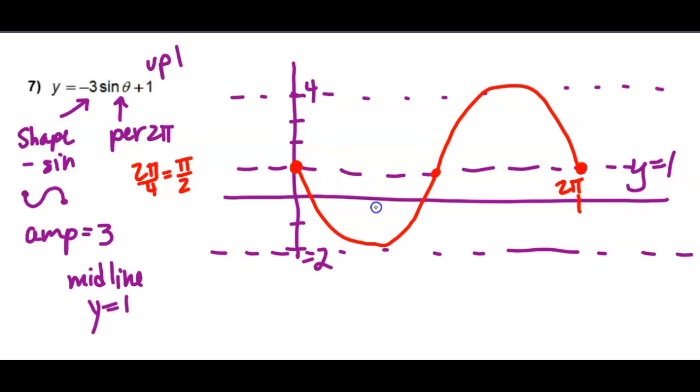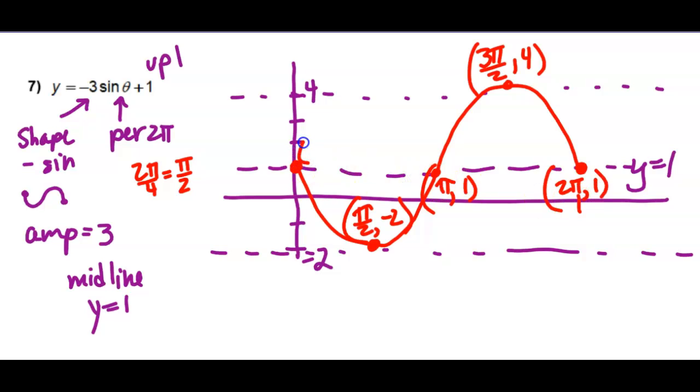And you just keep adding on pi over 2. So the first one here would be pi over 2. Then 2 pi over 2's, which would be pi. Then 3 pi over 2's. And then 4 pi over 2's, which would be 2 pi, and it's back at the midline of 1.